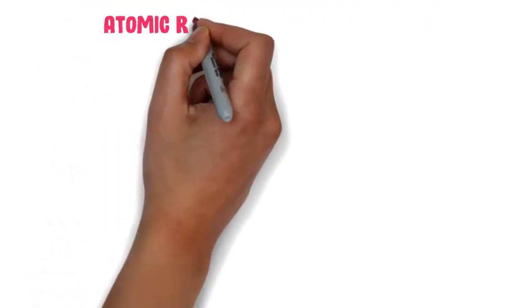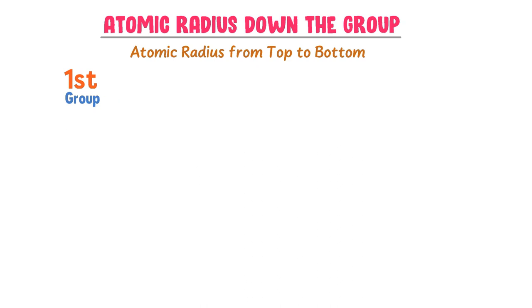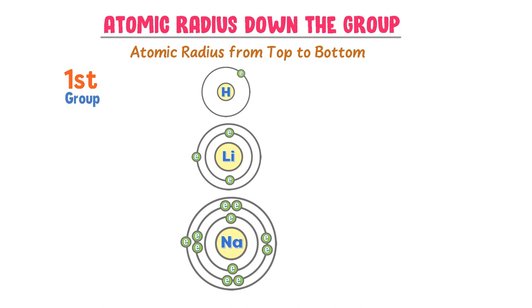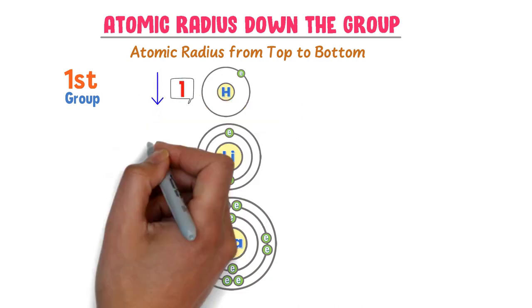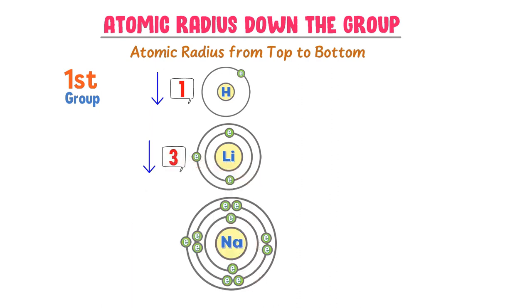Now let me teach you atomic radius down the group or atomic radius from top to the bottom. Well, consider the elements of first group of periodic table like hydrogen, lithium and sodium. We know that the atomic number of hydrogen is 1, the atomic number of lithium is 3 and the atomic number of sodium is 11.